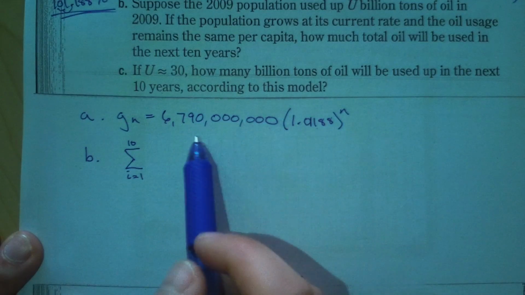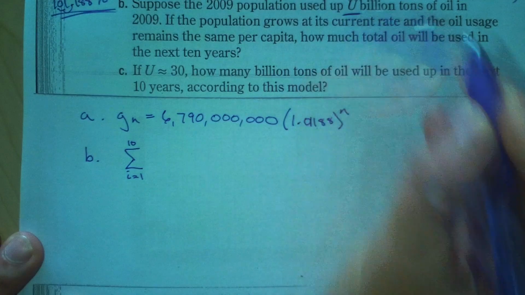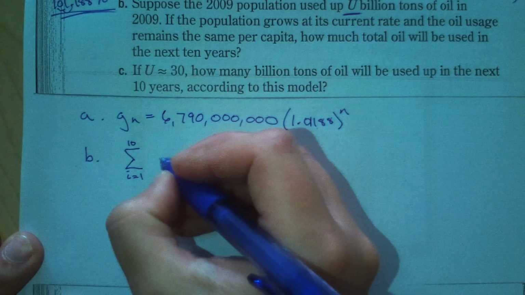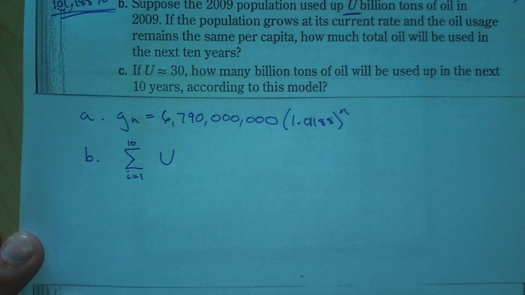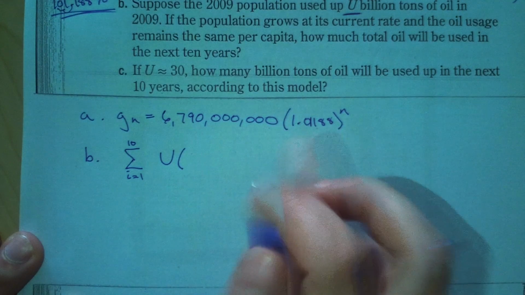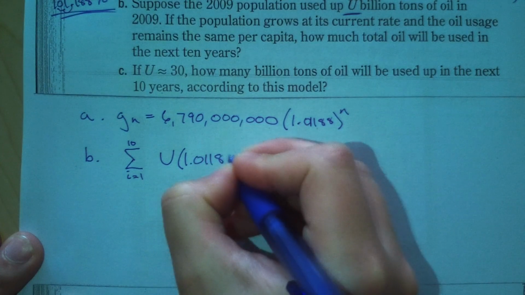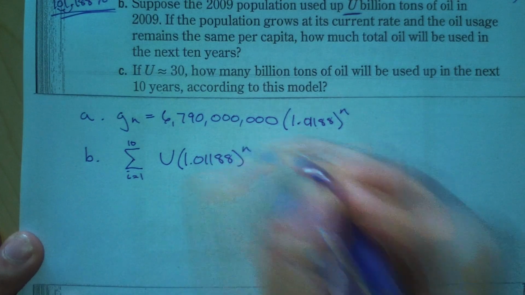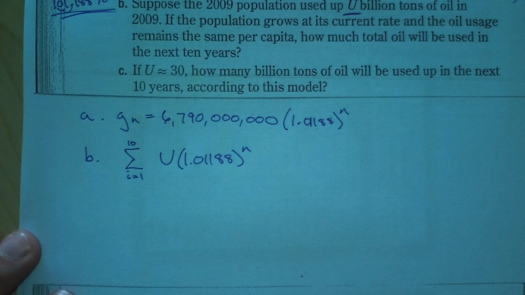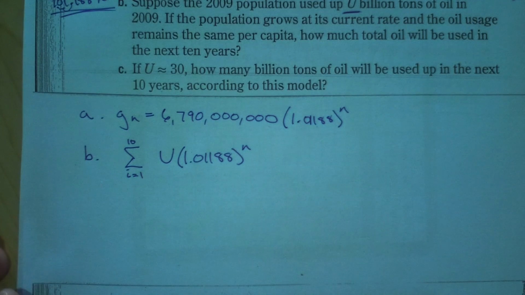And then in part C, they actually tell us what to use for a U value. They say if our U value for tons of oil or whatever it is is 30, then they want us to figure that out. So you're just taking this formula we came up with here, approximately 10.55, putting a 30 in there for the U, and then seeing what that's approximately equal to. You could either leave this number on your calculator times 30, or use the one you approximated there.